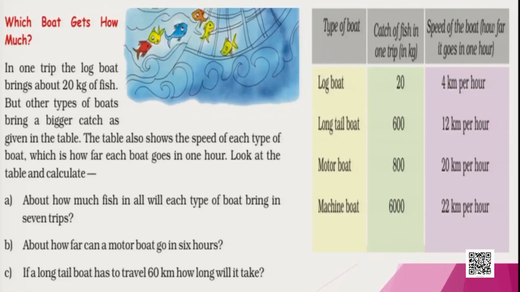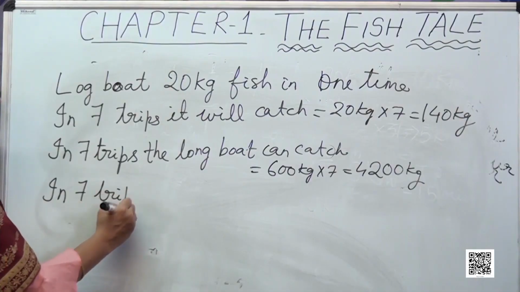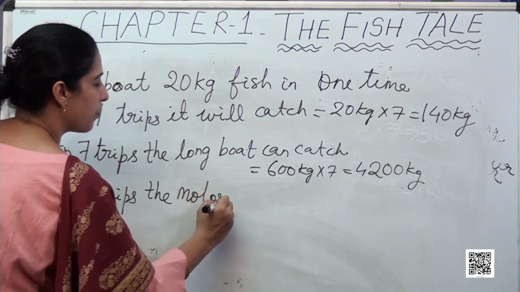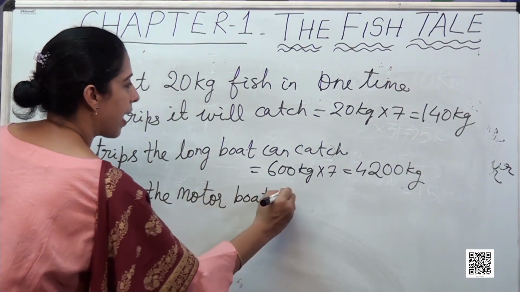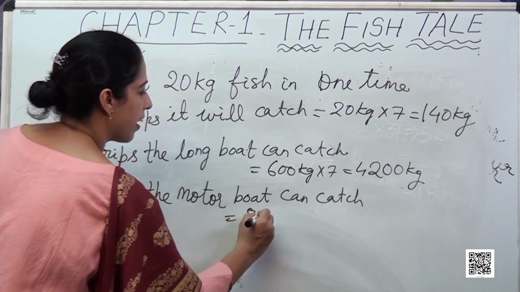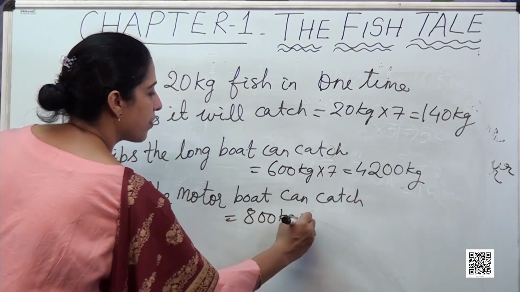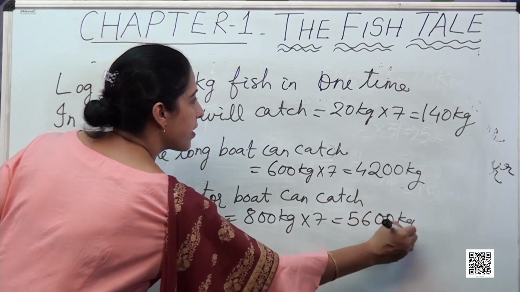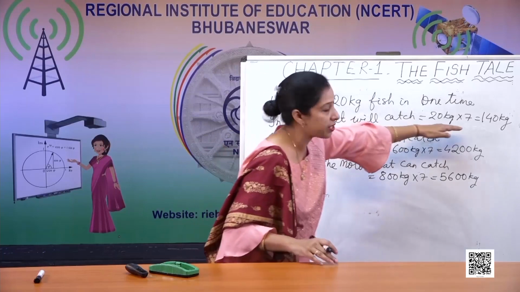Similarly, let's see the motorboat. In 7 trips, the motorboat can catch 800 kg into 7, which is equals to 5,600 kg. See the difference in numbers.